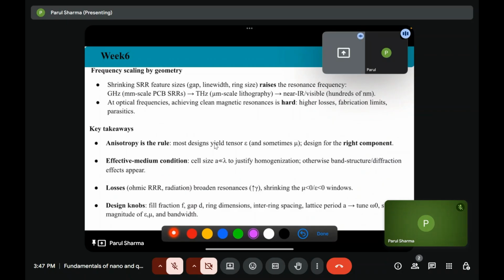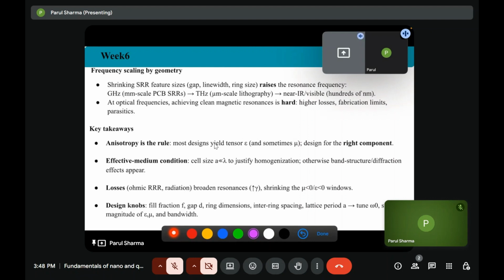So initially we started with the resonators at very low frequency, that is RF frequencies. How can we scale our frequency? We can do it by shrinking our split ring resonator feature size. That is, we can change the gap, the line width, and the ring size, which will increase the resonant frequencies.